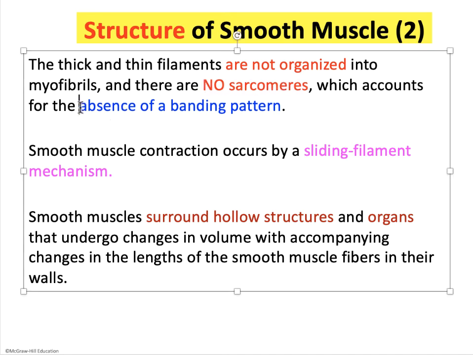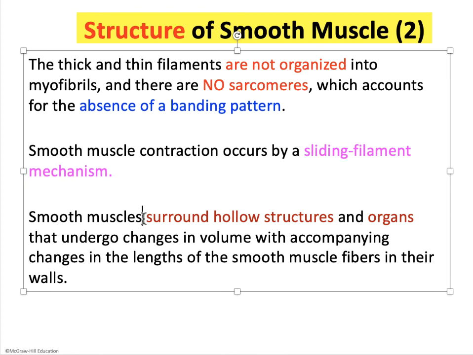And that accounts for the absence of the striations that are responsible for discriminating smooth cells from both cardiac and skeletal muscles. However, the force generated within smooth muscle does occur by a form of sliding filament mechanism. And we'll look at that on the next slide.